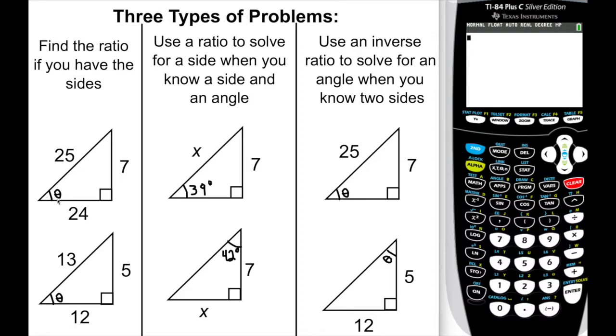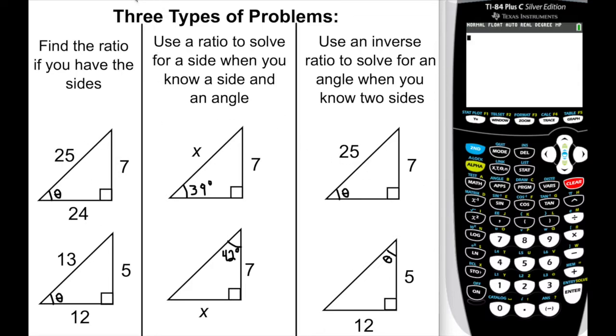If I want to know the sine, the cosine or the tangent of it, I simply say the sine is 7 over 25, the cosine is 24 over 25, and the tangent is 7 over 24. Right here, the sine would be 5 over 13, the cosine would be 12 over 13, and the tangent would be 5 over 12. So that's simply finding a ratio if you have the sides.